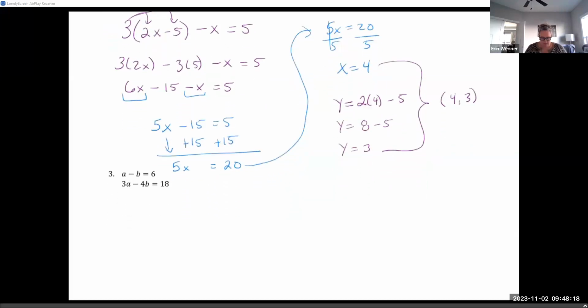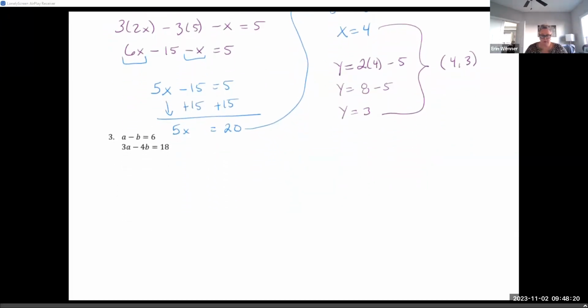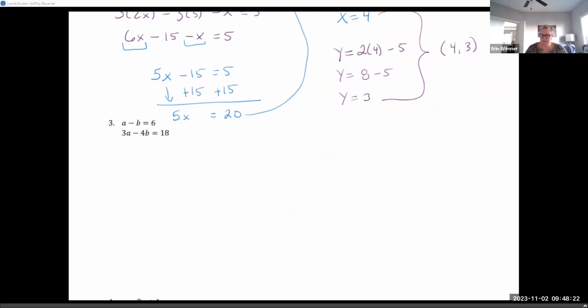All right, so if we look at number 3, you'll notice in 3 we have A's and B's instead of X's and Y's. When we think about ordered pairs, they're always going to be in alphabetical order. So our answer is going to be an ordered pair that is A, B. Okay, so it's okay that we don't have X's and Y's.